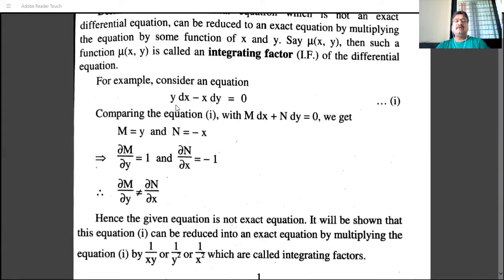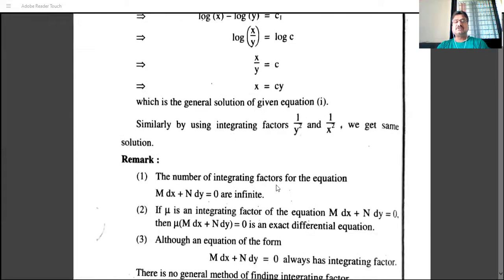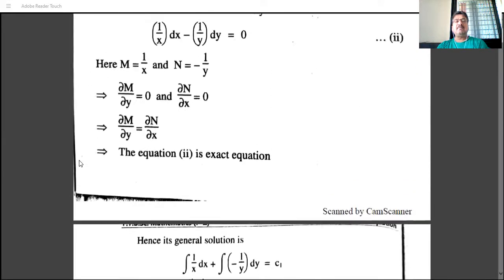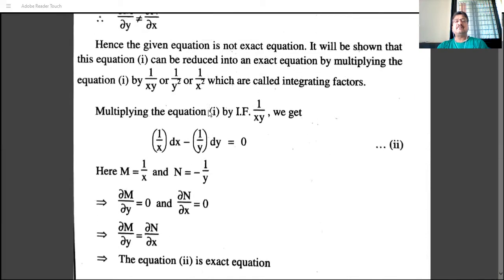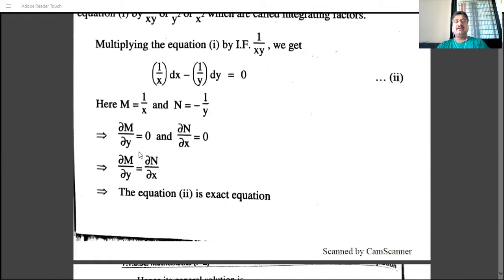Then ∂M/∂y is minus 1/y², and the derivative of minus x/y² with respect to x is also minus 1/y². So after multiplying by 1/y², ∂M/∂y and ∂N/∂x are both the same, equal to minus 1/y², and these two are equal.